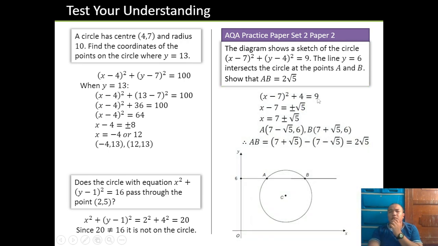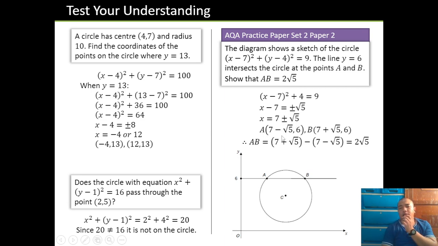So, with the equation of the circle here, substitute y by 6. 6 minus 4 is 2, 2 squared is 4. 9 minus 4 is 5, get the square root of both sides, positive negative square root of 5 plus 7.